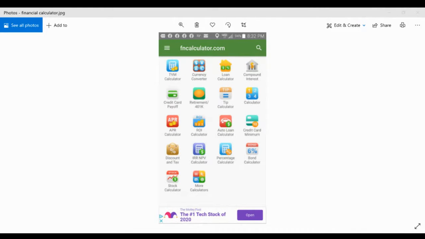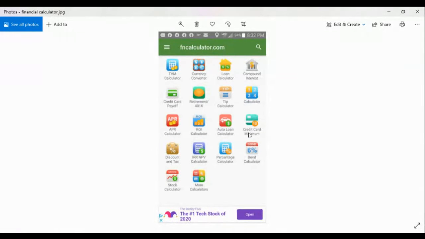So this is the financial calculator app that I have on my mobile phone. You may download this too. It's got some limitations. Compared to Excel, using Excel is the best.